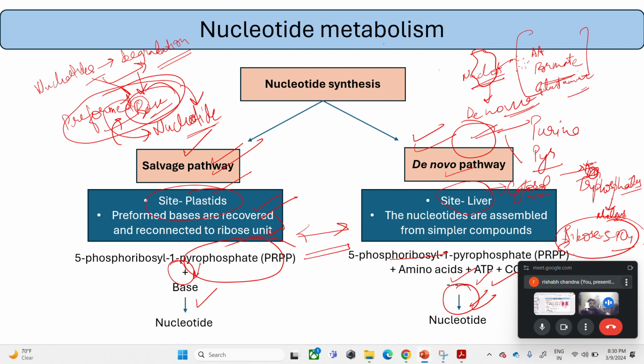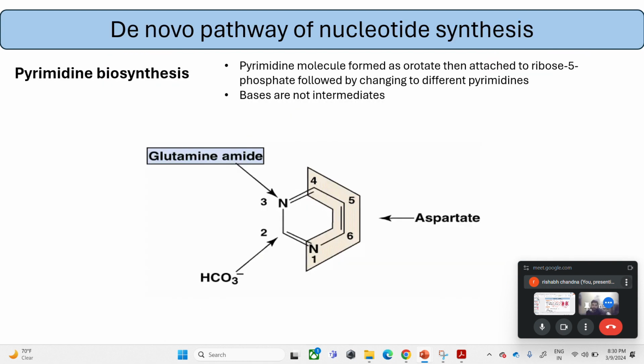First we'll do pyrimidine synthesis using the de novo pathway. As we know, pyrimidine has a single ring structure, and we have C, U, and T. First C and U are formed, and then U is transformed into T. This is the step followed in the living system.